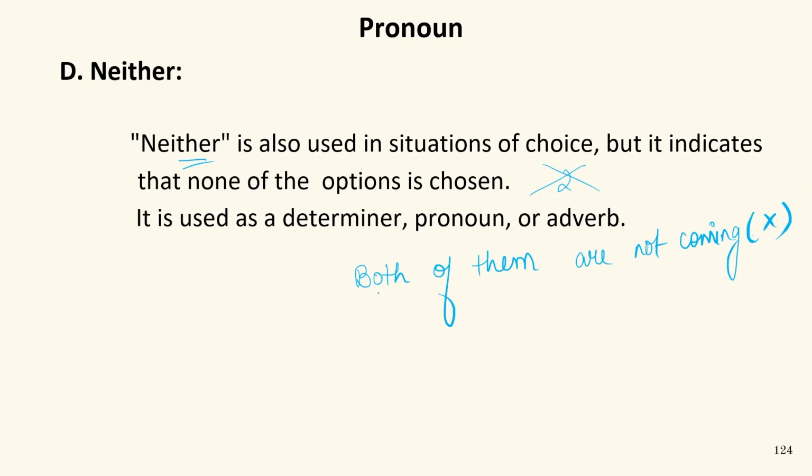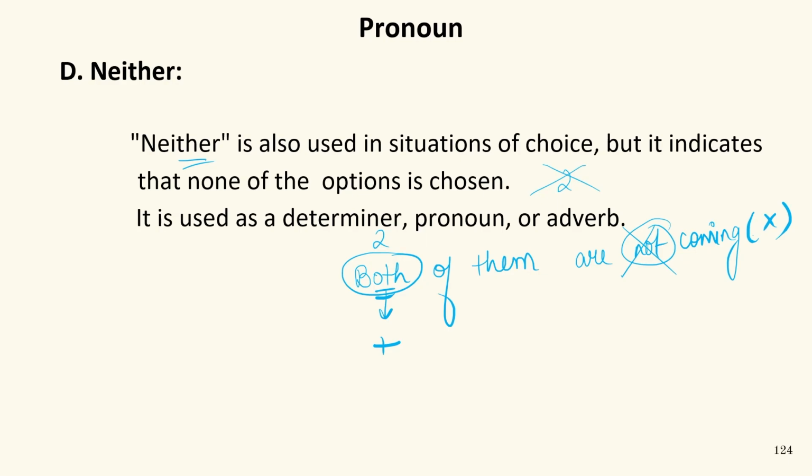Why? Because here we have talked about the word both, and both is used only for two persons. But it is again used in positive sense only, and we are using a negative word over here. If I remove this word not from the sentence, the meaning of the sentence will change, which I don't want, which should not happen.